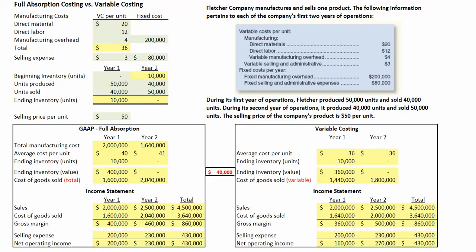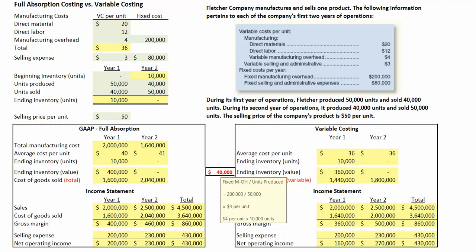In the first year, under GAAP full absorption costing, we had an ending inventory value of $400,000. Under variable costing, it was only $360,000. Our assets were higher under full absorption costing by $40,000.